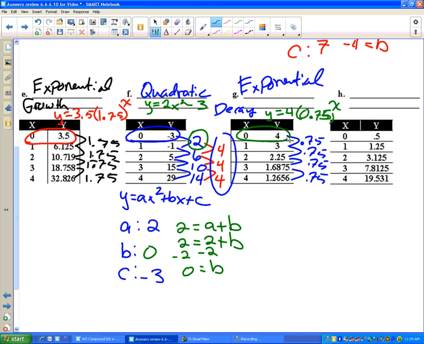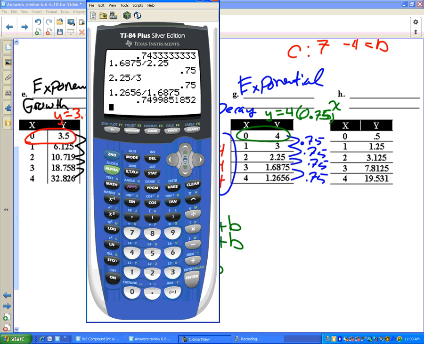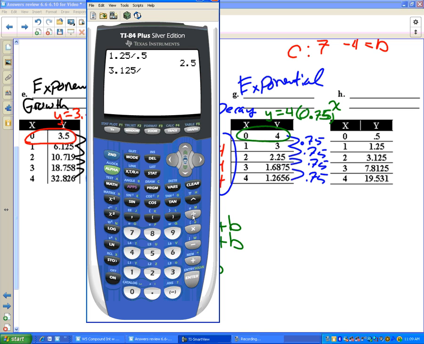And let's do h. Again, because of all the decimals, I believe it's going to be exponential. So take 1.25 divided by 0.5, and I get 2.5. Take 3.125 divided by 1.25, I get 2.5. Take 7.8125 and divide by 3.125.